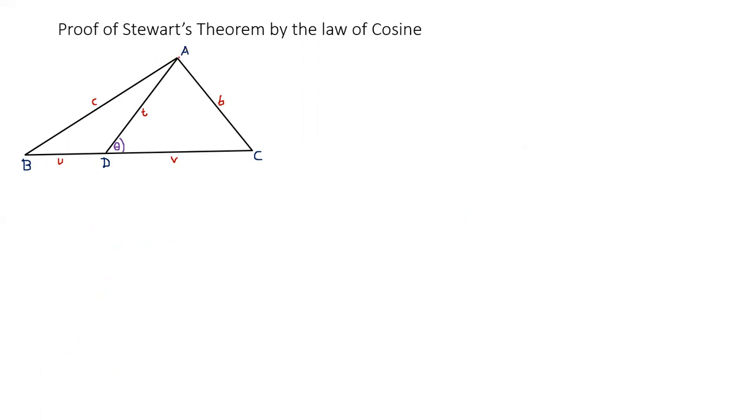AB equals C, AD equals T, AC equals B, DC equals phi, and BD equals U. According to the cosine theorem, B squared equals phi squared plus T squared minus 2 phi T cosine theta.